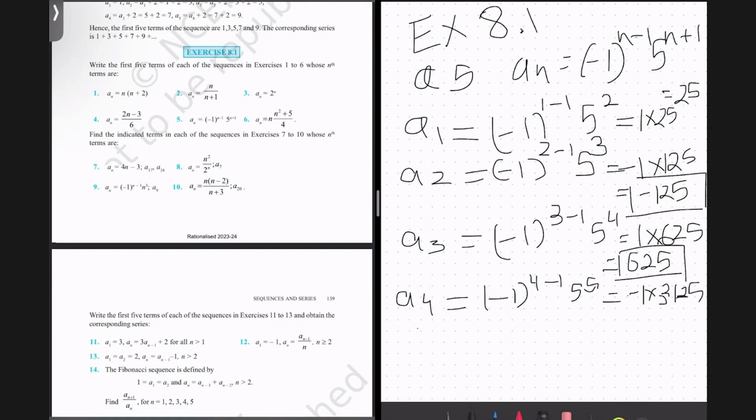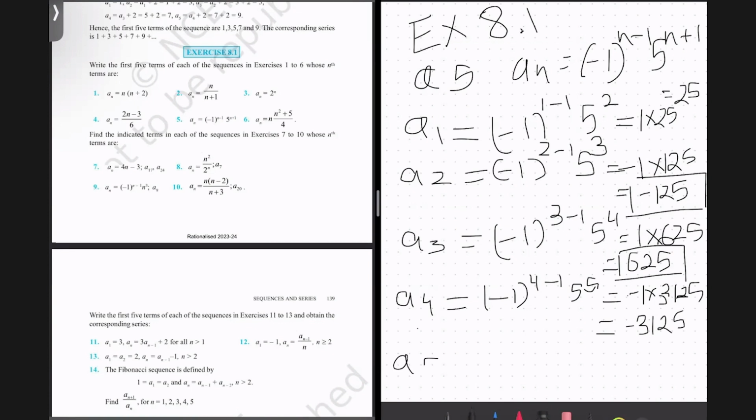I would urge you all to calculate these values by yourself, without using any calculators or looking up the solution. This is how you're going to solve and get these answers faster, just by yourself. So the fourth term would be minus 3125.